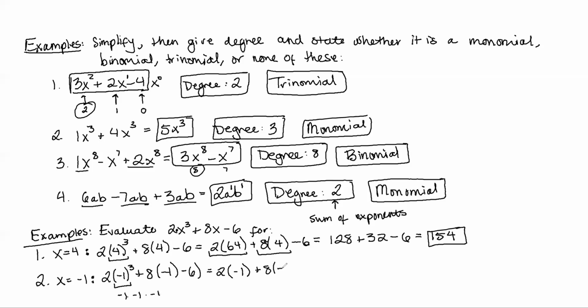Plus 8 times -1 minus 6. Okay, so now multiplication, 2 times -1 is -2, plus 8 times -1 is -8. Again, you could just put -8 there if you wanted, and then minus 6. And then if we combine -2 plus -8 is -10, minus 6 is -16.